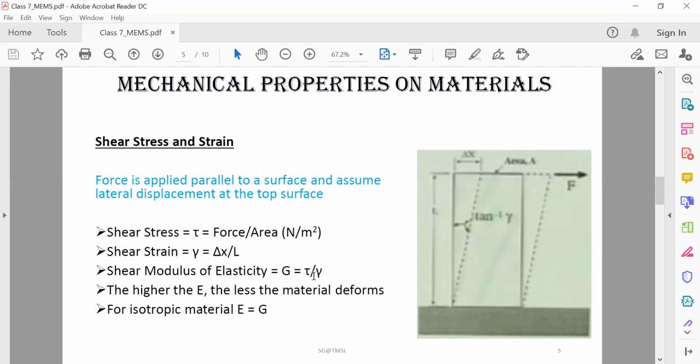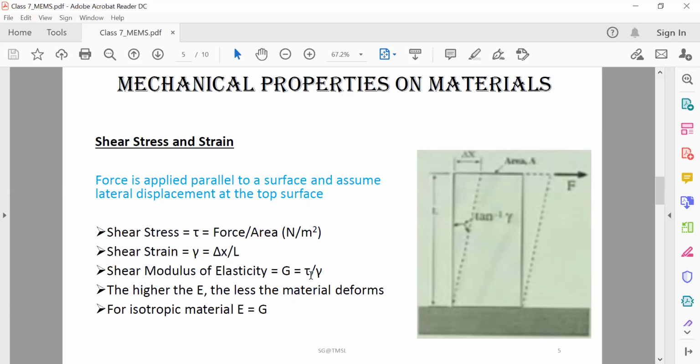Okay, that means stress by strain again. So here we have shear stress and strain, and shear modulus or shear modulus of elasticity, which is known as G. G is again stress by strain, which is tau divided by gamma, in case of shear.